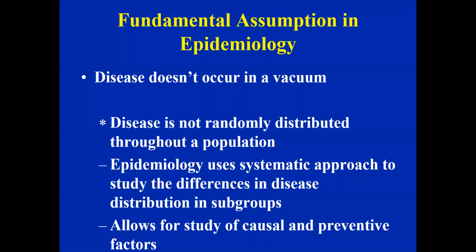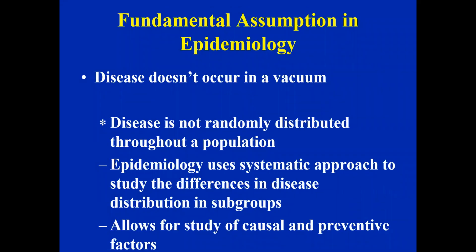Just to understand, in terms of epidemiology, some of the key fundamentals we need to understand: disease does not occur in a vacuum, and the disease is not randomly distributed throughout a population. There are few people within a population who will tend to have a disease. Not everyone will have a disease within a population. And for us to be able to really study some of those things, it is critical to make sure we use epidemiological principles.